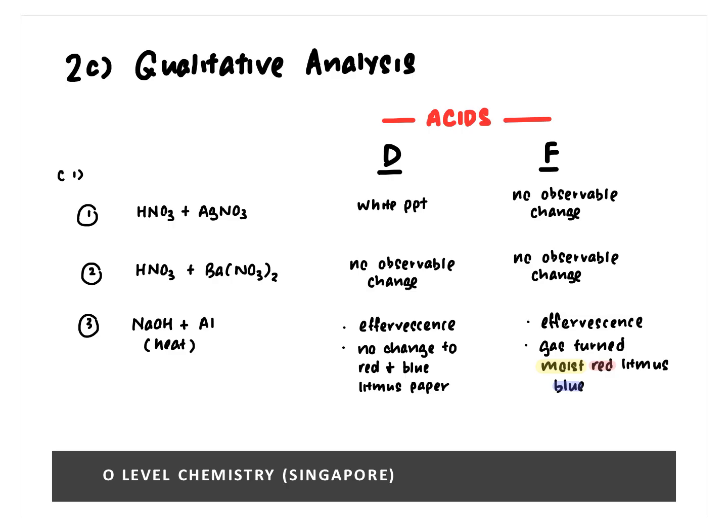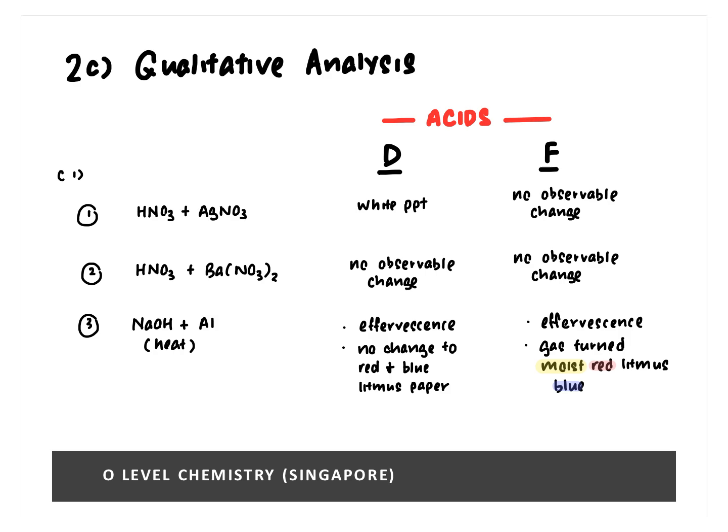Reason being, the test procedure for test number 3 is already given. It's obviously a test for nitrate, right? You had to design two other tests. The question states that the anion is in your QA table. So all you needed to do was to go back to the QA table at the very last page, and from there decide on which test to do.